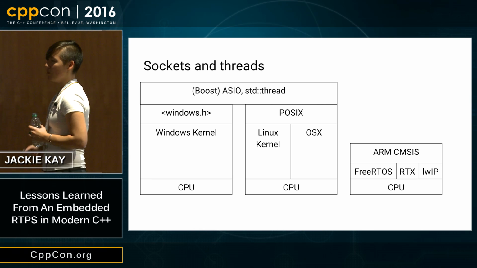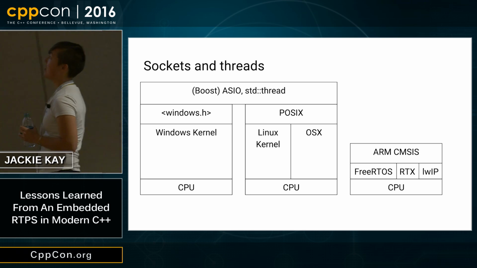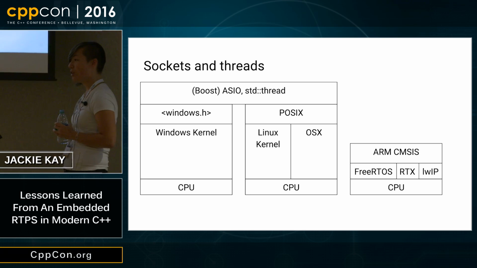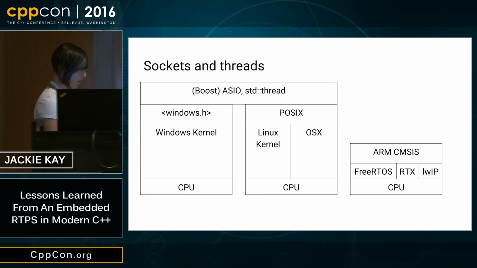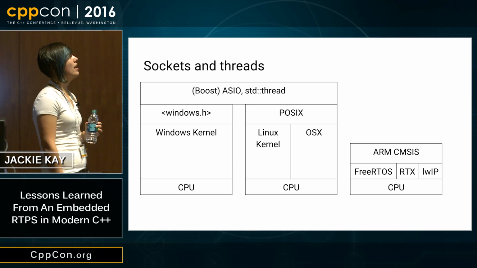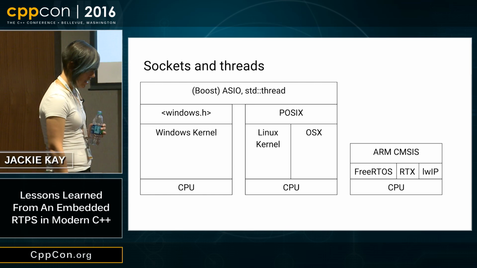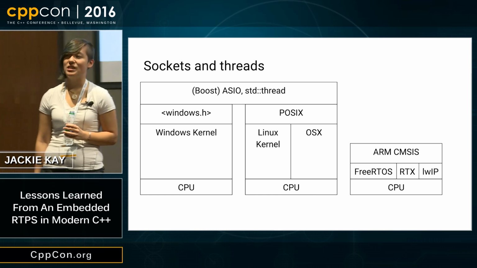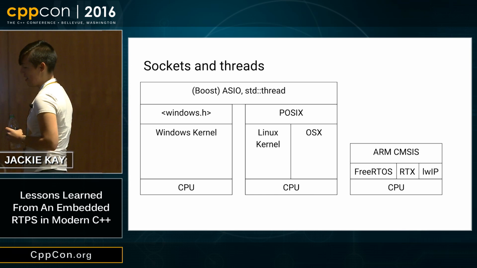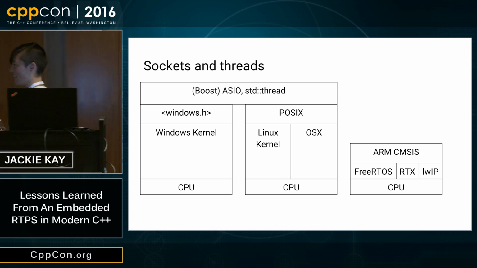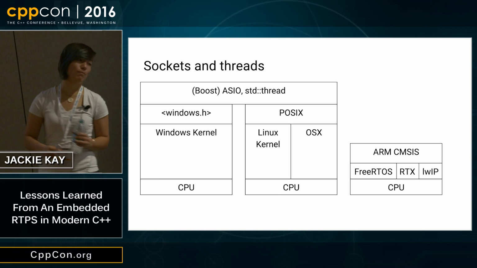We have some nice ways of dealing with concurrency and threading in the desktop computing world, which include standard thread, which we all really appreciated when C++11 came out, and then this library called ASIO, which is the de facto standard, or the proposed standard for C++, and the design of ASIO is going into the networking TS.